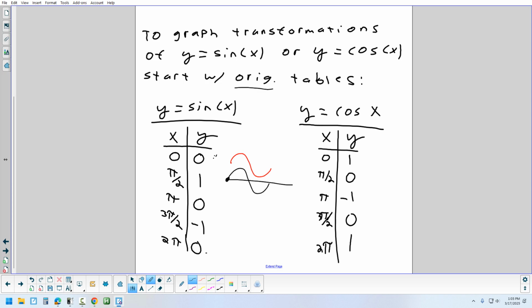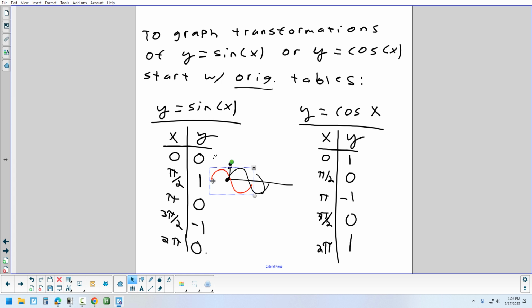This coordinate went up to that coordinate. What would change in a coordinate if it goes up? The y would change. Now, if we took this graph and moved it to the left, now this coordinate is over here. What changes when you move something left and right?